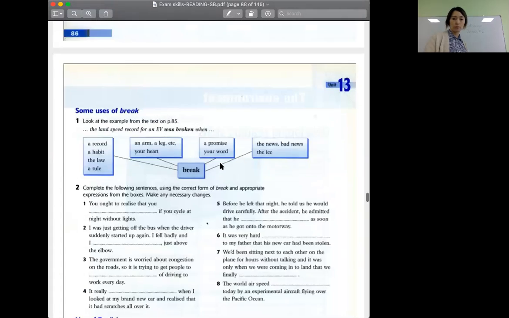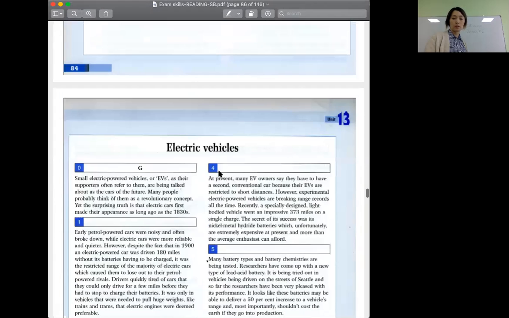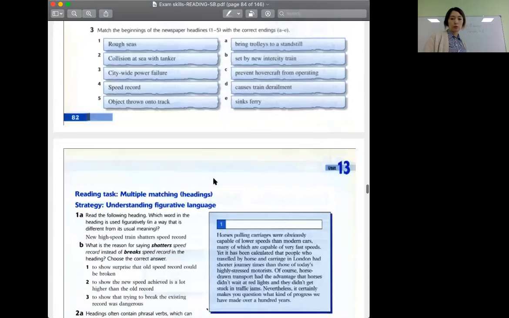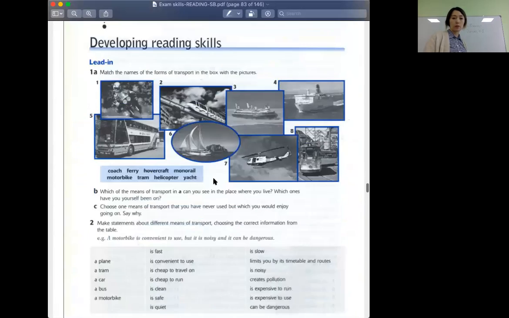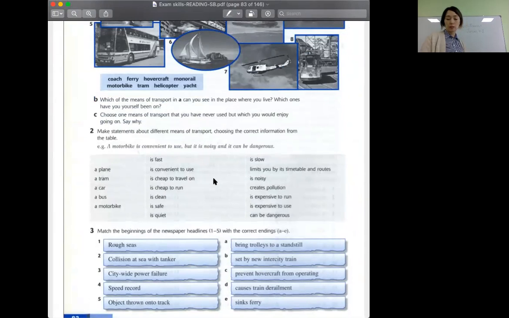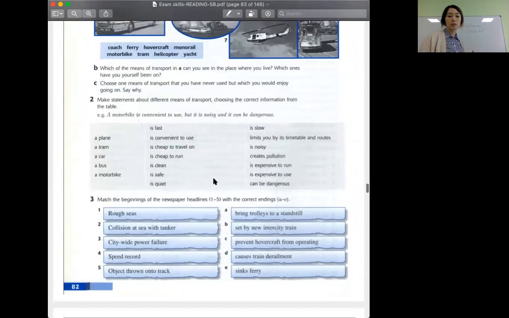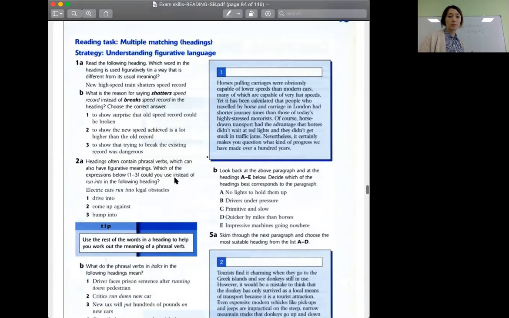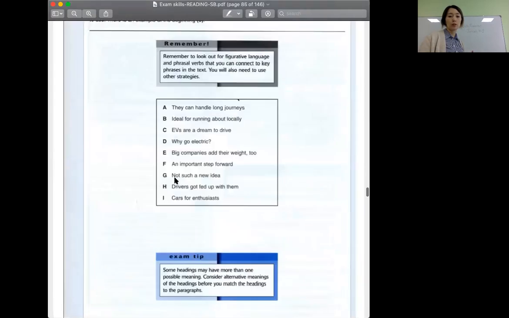Okay, here it is. Unit 13, transport. Developing reading skills, so you'd have to do several reading comprehension exercises, like exercise 2 and 3. You read this text, and then you do more.